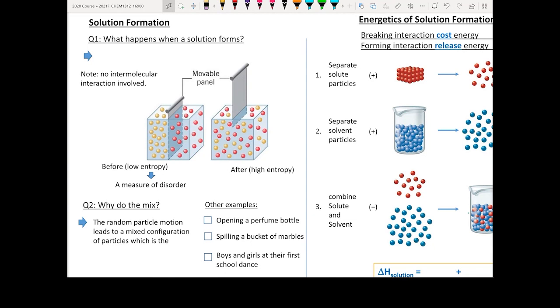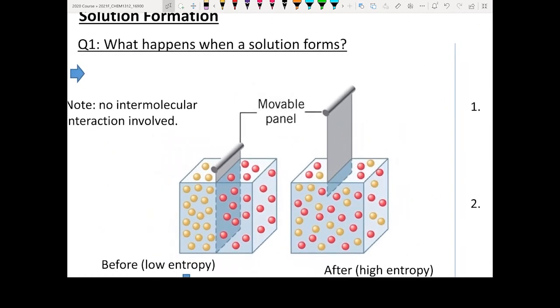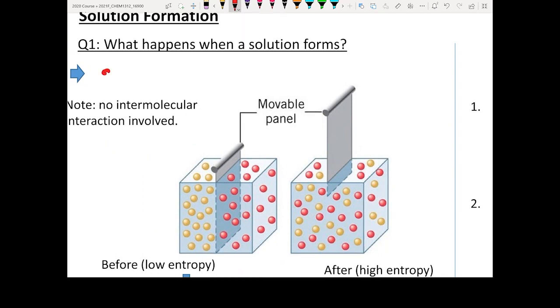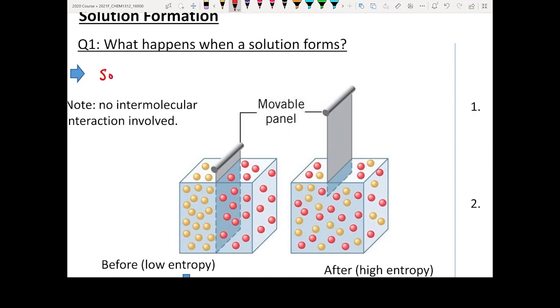So the first step to form a solution is that you need to mix your solute and your solvent molecules. They need to mix with each other.